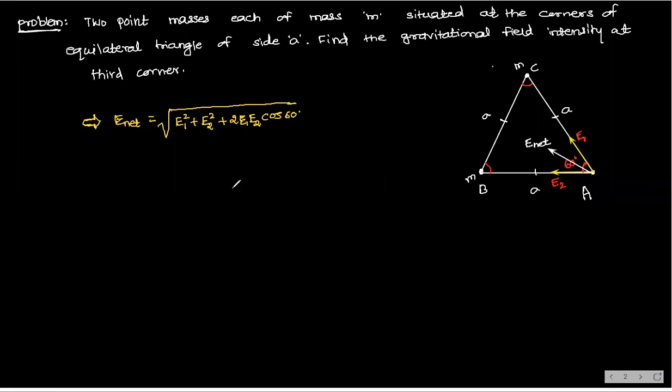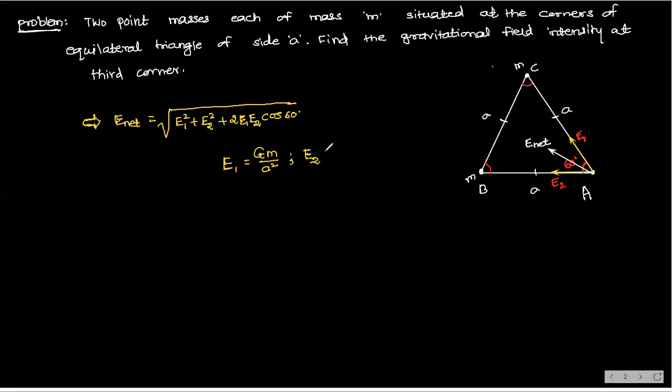Yes or no? Now tell me the E1 value. E1 is equal to capital G small m divided by a square. Is that right? Yes or no? Tell me the E2 value.